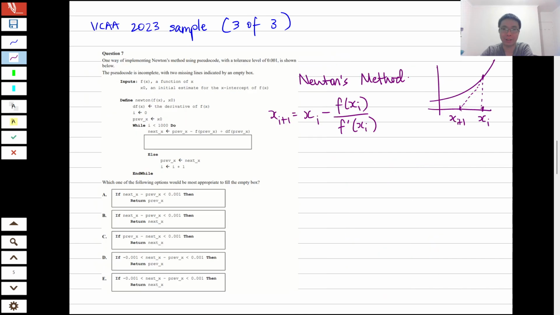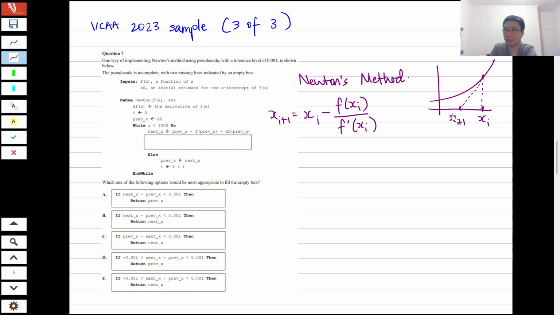Okay, next example. This one is based on Newton's method. It's a strategy for finding the x-intercept of a continuous function, which is differentiable. Our approach is to choose an initial guess, which I'll call xi, or x0, it's up to you.